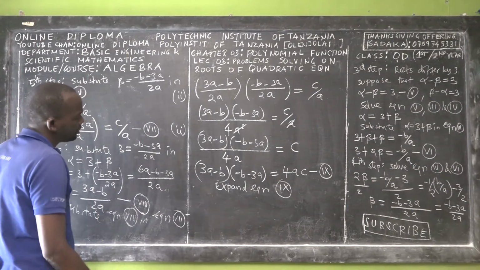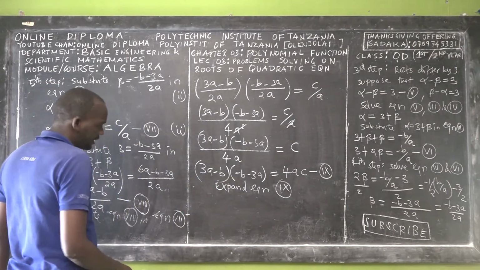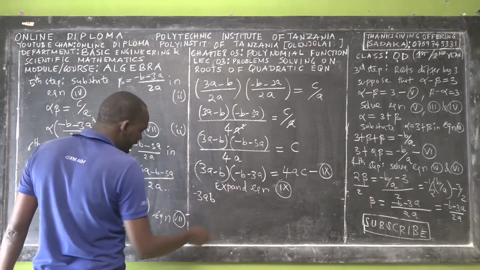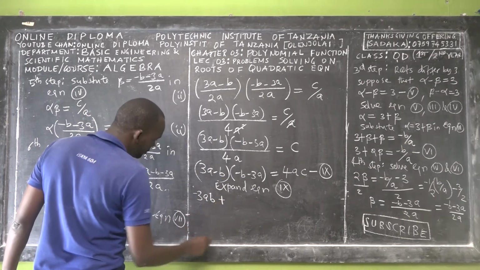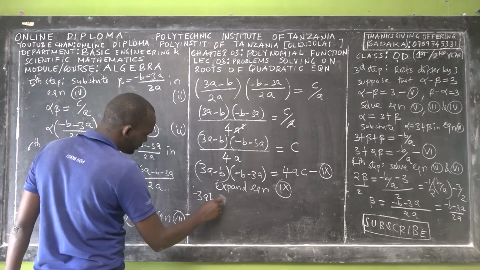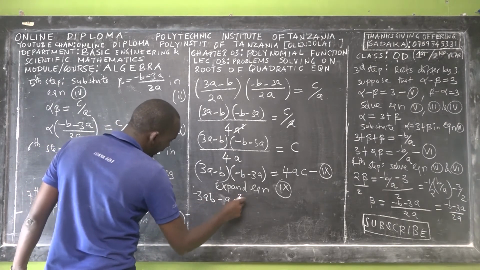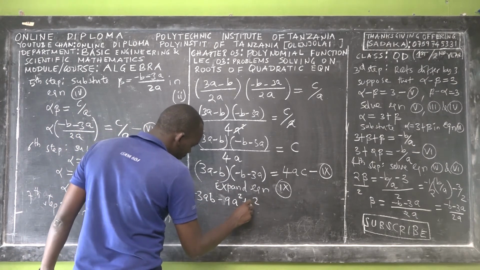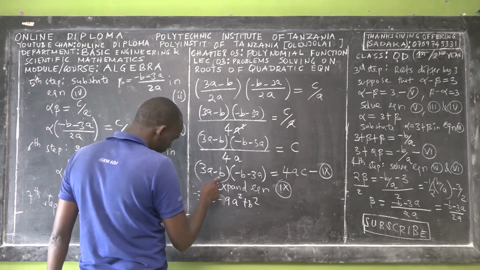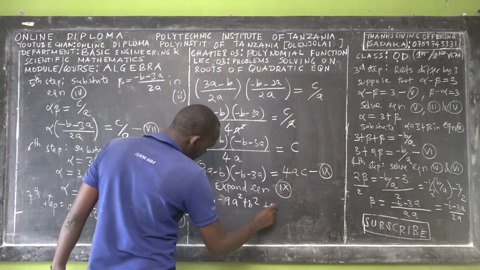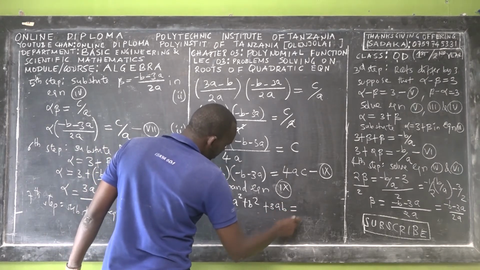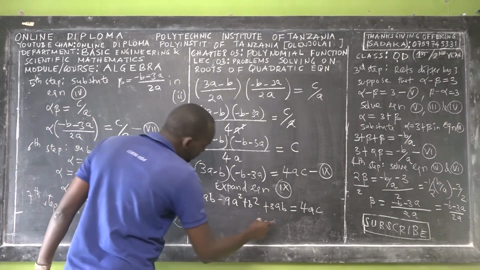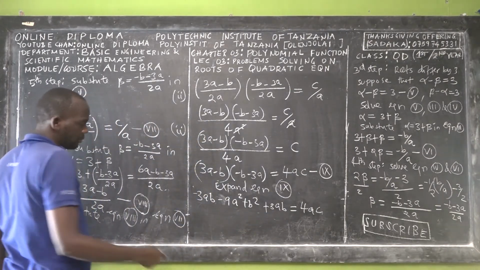How do we expand? Simply take 3a times negative b. We get negative 3ab. Then you take 3a times negative 3a. This will make negative 9a squared. Then you take negative b times negative b. This will make positive b squared. Then you take negative b times negative 3a. This will make positive 3ab, this is equal to 4ac. So negative 3ab plus 3ab makes 0.